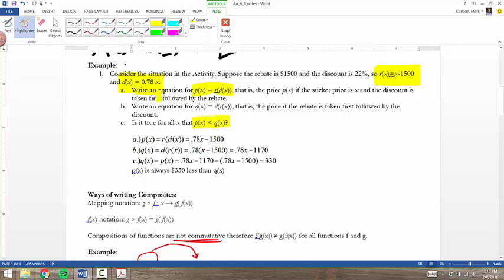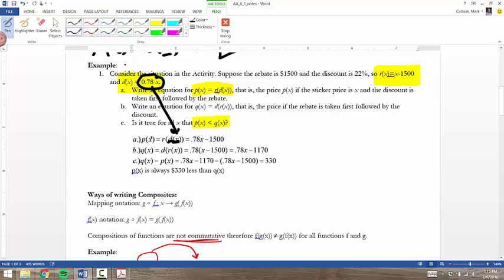So first of all, let's do part A, where we're trying to find this new function p of x, which is r of d of x. So really what I'm going to do is take d of x, which is this 0.78x, and I'm going to plug that in here.